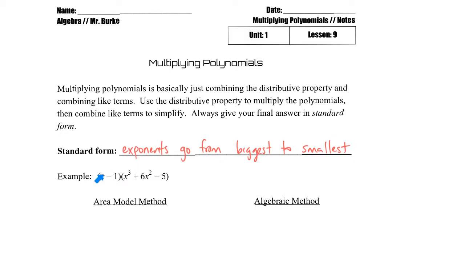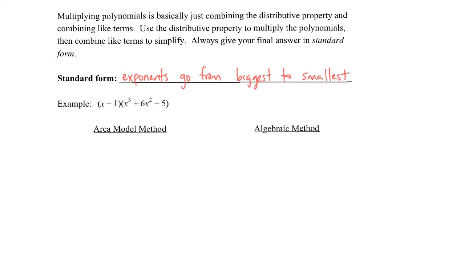Okay, kind of like this. We use the area model or the algebraic method, and we're going to revisit those and refresh our memories on those. Then in lesson 8, we learned how to add and subtract. So now we're adding in the fact that we can actually combine the like terms that result. And then finally, we're going to put our answer in standard form. And so we're just going to put all these pieces together into one process.